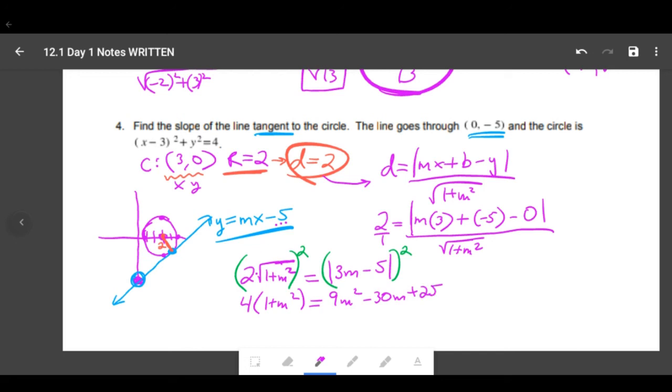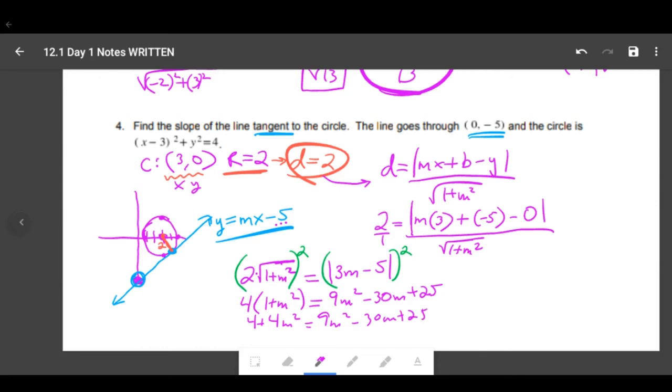So all I did was treat the squared quantity with the absolute value as kind of getting rid of each other, and I can just set this up and multiply it out like we've done before this year. If I distribute my 4, I have 4 plus 4m squared equals 9m squared minus 30m plus 25.